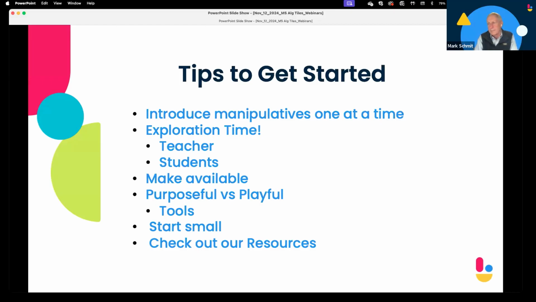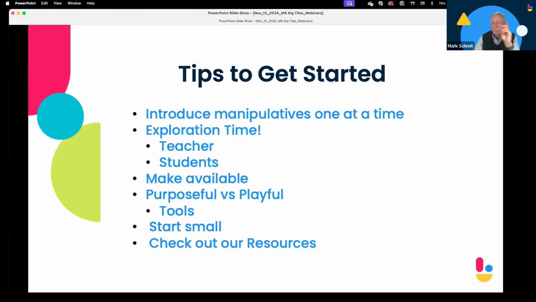It'll be time well spent. Make them available. Today with virtual manipulatives, that's fairly easy. But remember that they're purposeful tools versus playthings, right? They are tools that we can use for learning when we use them with integrity.